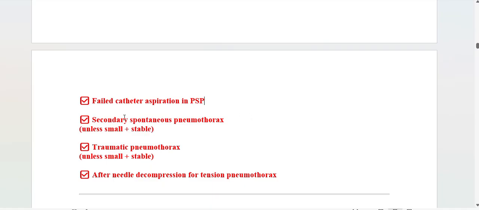Traumatic pneumothorax, unless small and stable, we have to do that. After needle decompression for tension pneumothorax, as I told you, we always do needle decompression first, and then we do chest tube drainage.